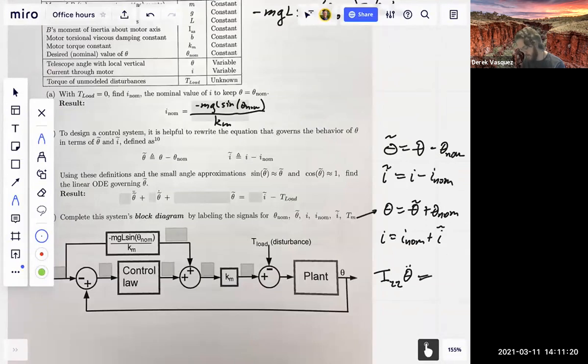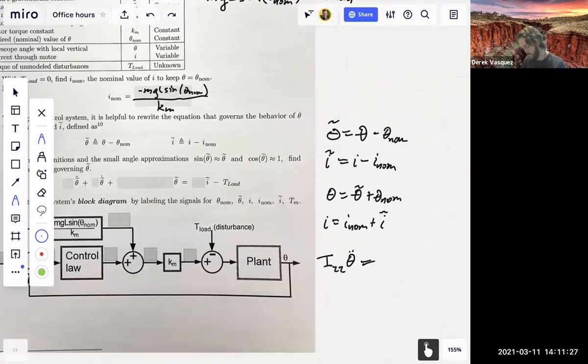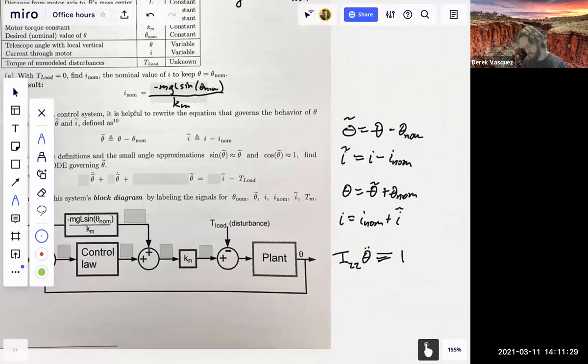And if we plug in our substitution right there, what are we going to be left with? I times what? Oh, sorry, I see a chat from Kathleen. Oh, perfect.